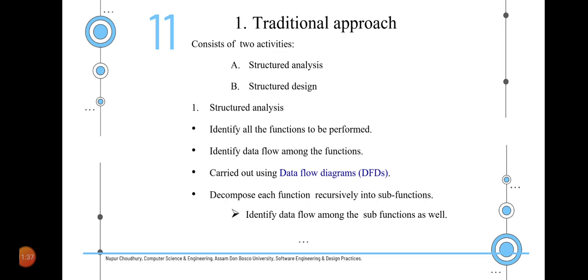And this identification of the functions, subfunctions and the data flow amongst them would be represented using a data flow diagram. So we will discuss about data flow diagram when we will be doing the design phase in detail.